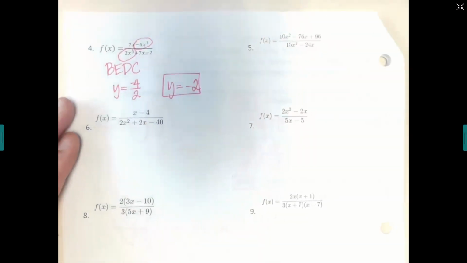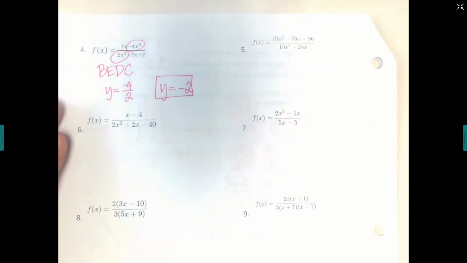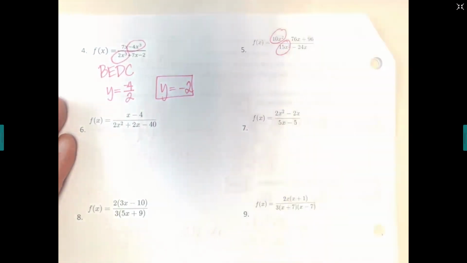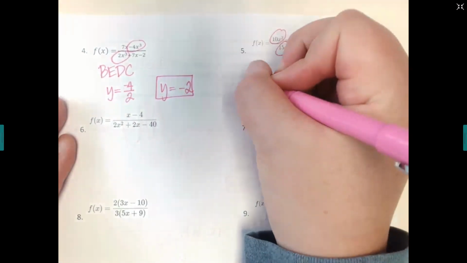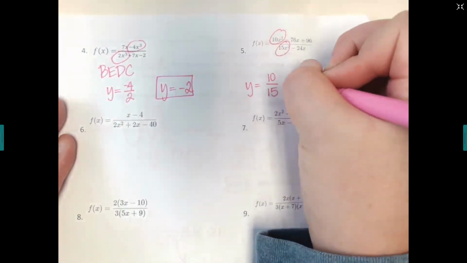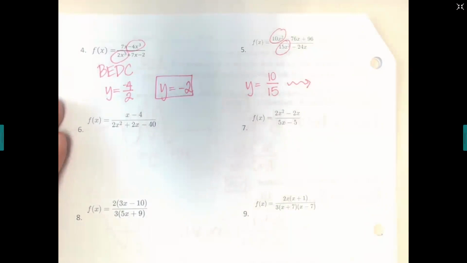Next one, look at it closely. BOBO, BOTN, or BEDC? It is a BEDC, because what's the tie power? x to the 2. So I have a 10x2 and a 15x2. Then y equals 10 divided by 15. Now, if you type that in as your answer on your practice, which is only 8 questions, it'll count it wrong because why?